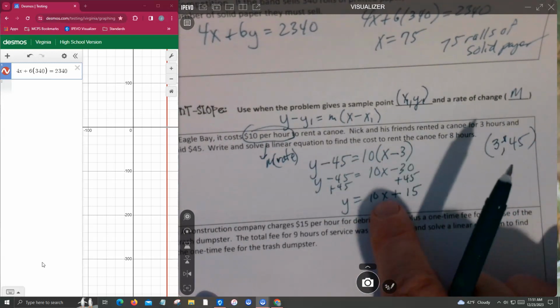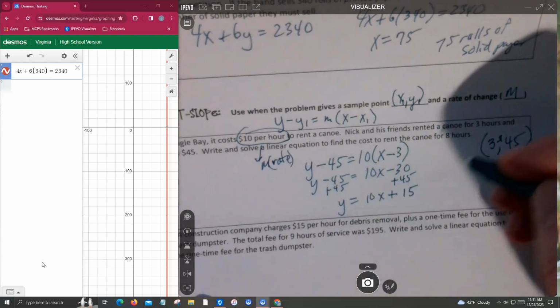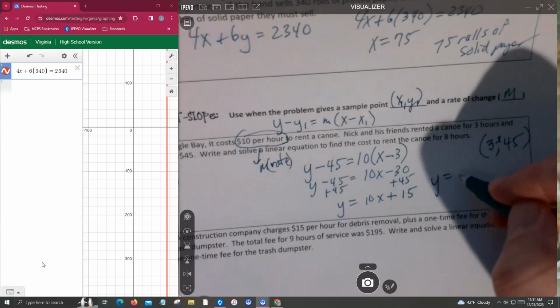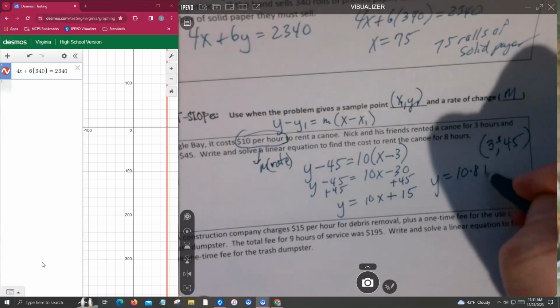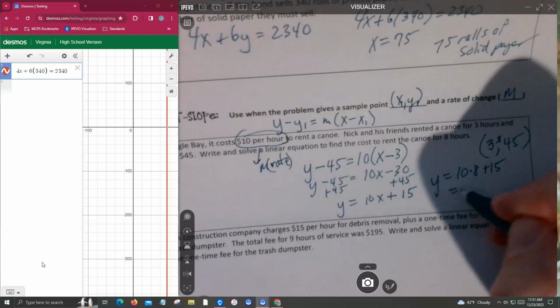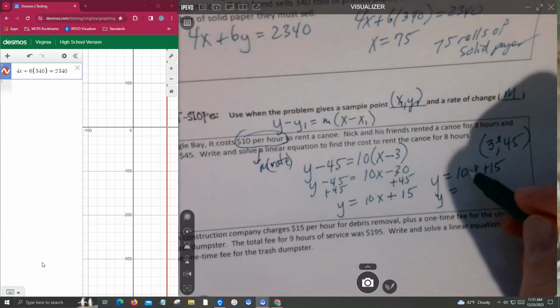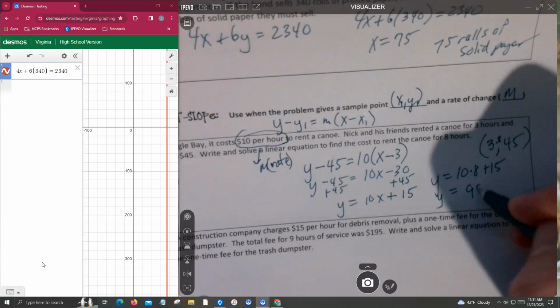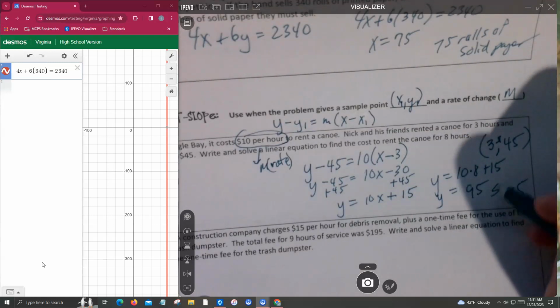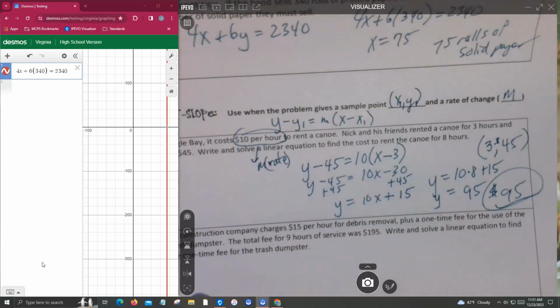Remember that x is hours. So all I have to do is put in 8 in here, and 10 times 8 is 80, plus 15 is $95. So your answer is it will cost $95 for the 8 hours.